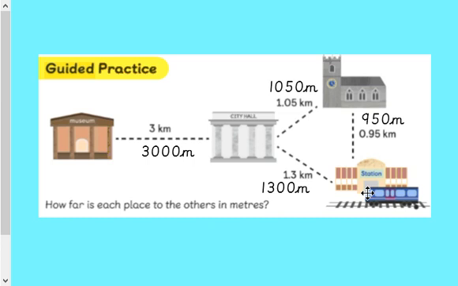Okay, the distance between the station and the church there is 0.95 kilometers. Now we know it's not going to be quite a kilometer because there's 0 here. So it's 0.95 of a kilometer, which would be 950 meters. And then the distance between the church and City Hall, okay, we've got 1.05 kilometers.